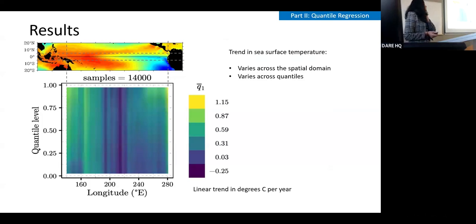Now, the results that we got for this are here for one single data set. We are trying this over multiple data sets, but I'm going to just focus on one for now. This was the figure that I intended to have on the previous slide, so you can see where you are on the map.